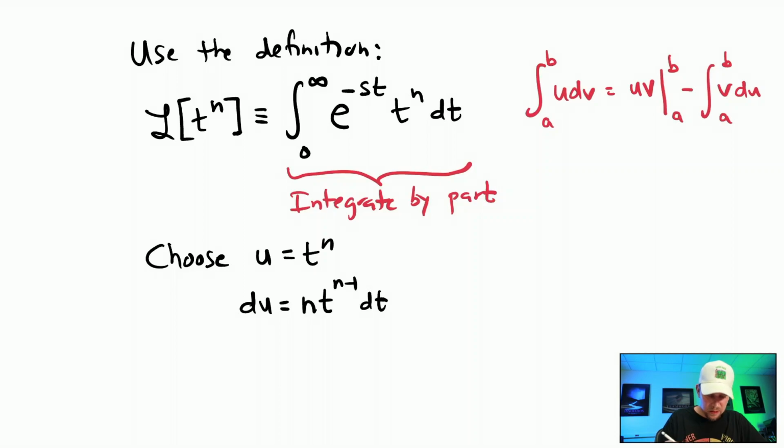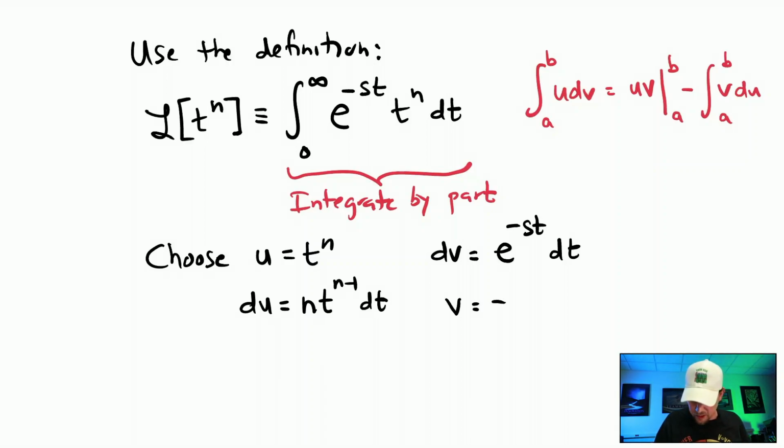And similarly, if I choose my dv to be e to the minus st dt, then the integral of this, my v, is actually going to end up being something quite nice. It's minus 1 over s e to the minus st, like this. Right? It's an exponential. It's easy to do these.